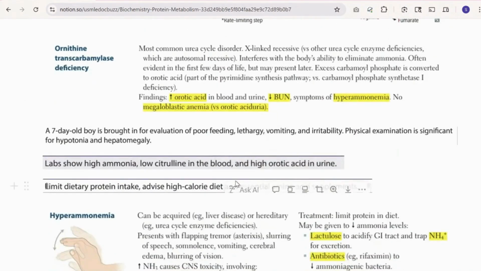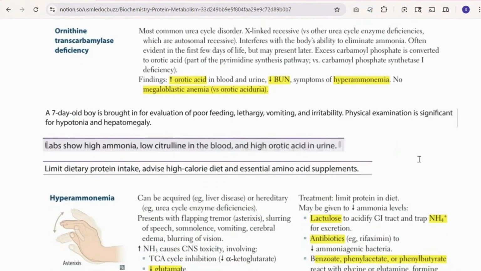Right? Let's read one of these cases. A 7-day-old boy is brought in for evaluation of poor feeding, lethargy, vomiting, and irritability. Right? Physical examination is significant for hypotonia and hepatomegaly. They do lab testing. It shows high ammonia, low citrulline, and high orotic acid. That is easy, right? That's an easy thing.